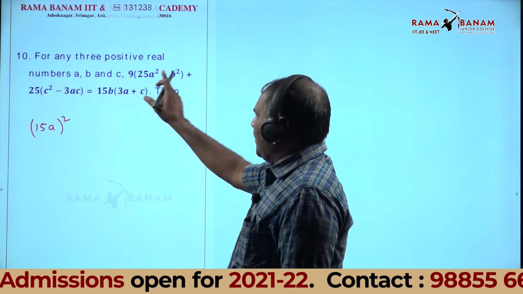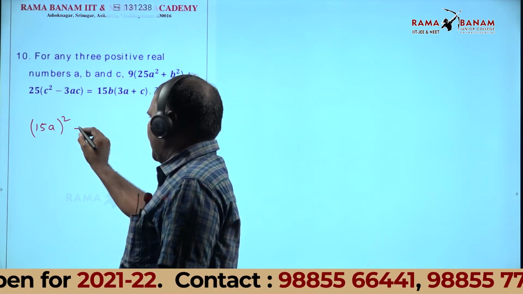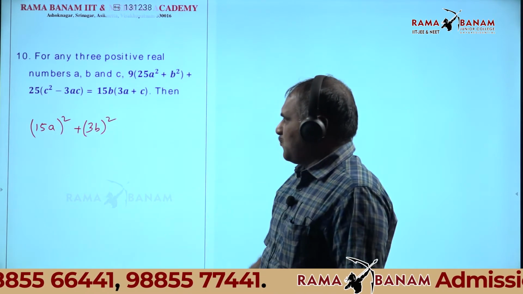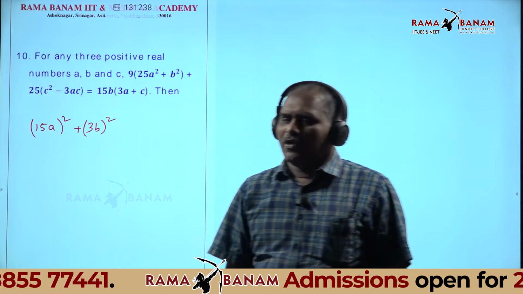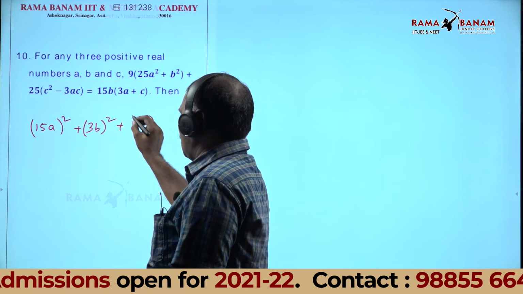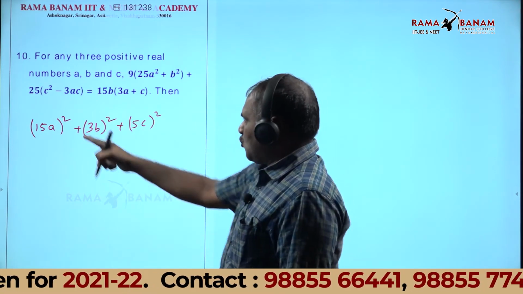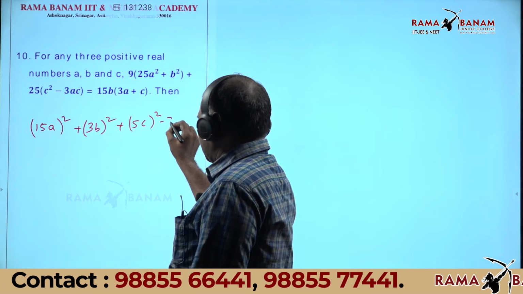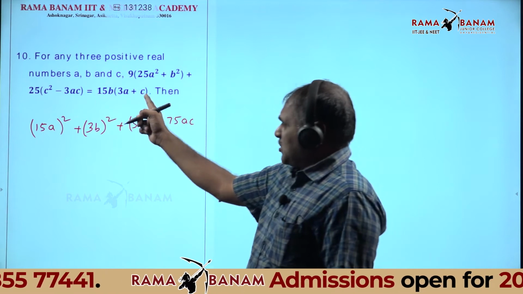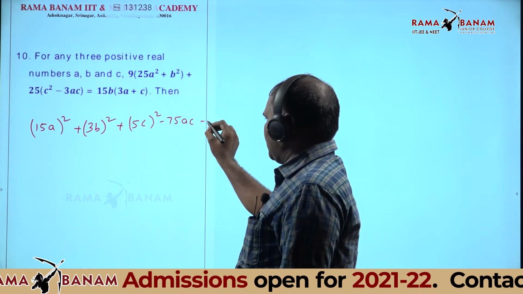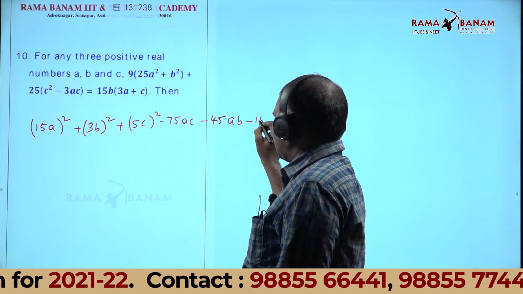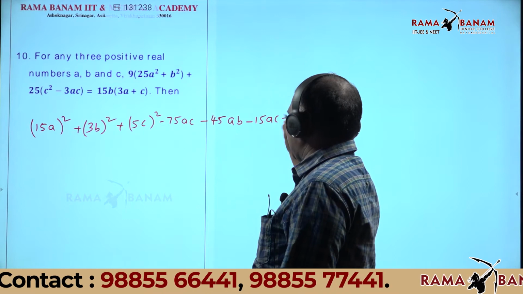Next, 9b square, I wrote as 3b whole square. Next, 25c square, that is 5c whole square remaining. 25 into 3 is 75ac. Next, bring this term to the left-hand side: 15 times 3 is 45ab, minus 15ac is equal to 0.